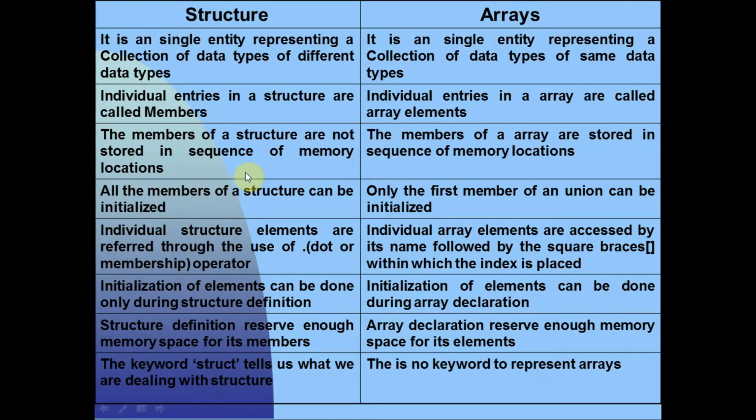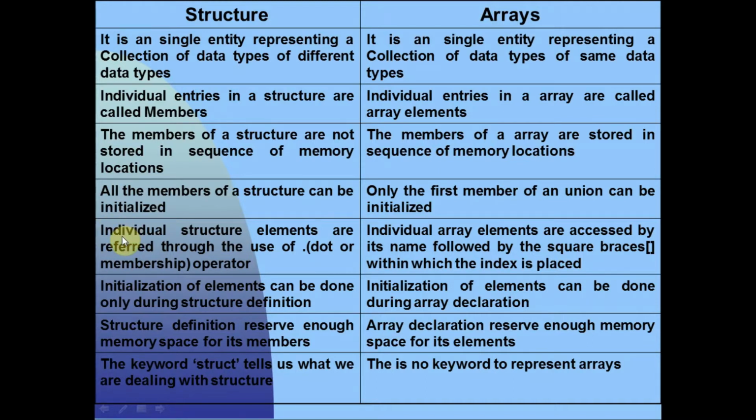In a structure, the members are not stored in a sequence of memory locations. In an array, the elements are stored in a sequence of memory locations. Then structure: all the members of a structure can be initialized. In a union, only the first member can be initialized.